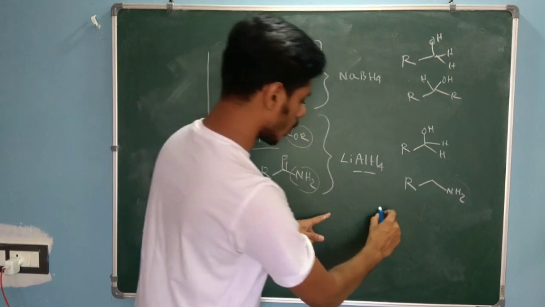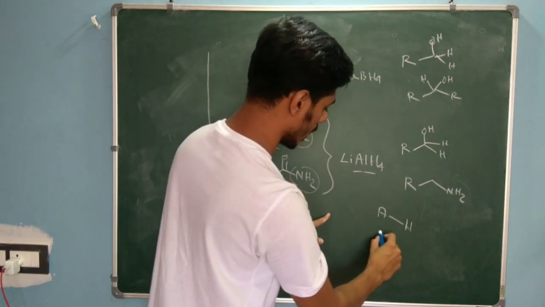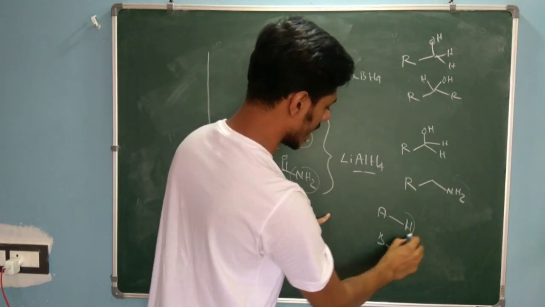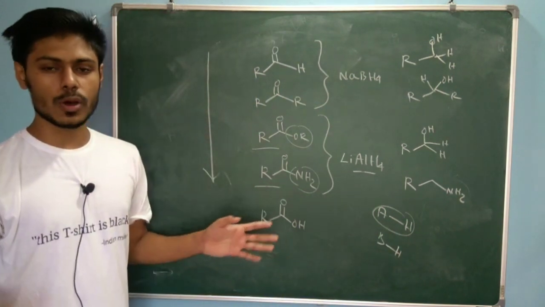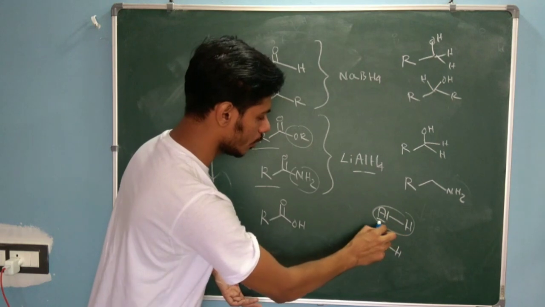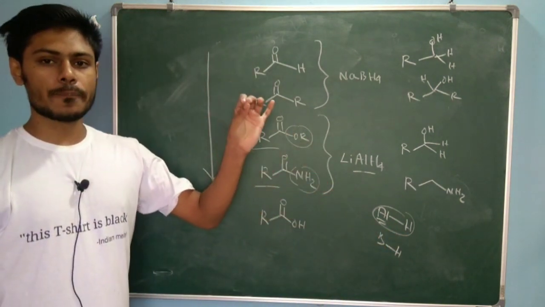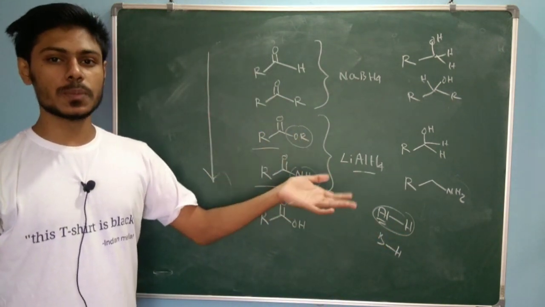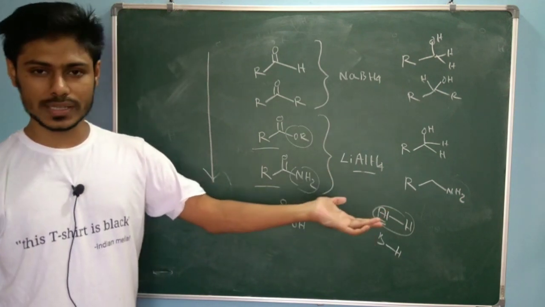At the same time, if you compare this Al-H bond and B-H bond, this Al-H bond is much weaker because of the weak overlap or bad overlap, because this aluminum uses its third shell orbital, the 3s and 3p orbitals, whereas boron uses 2s and 2p orbital.